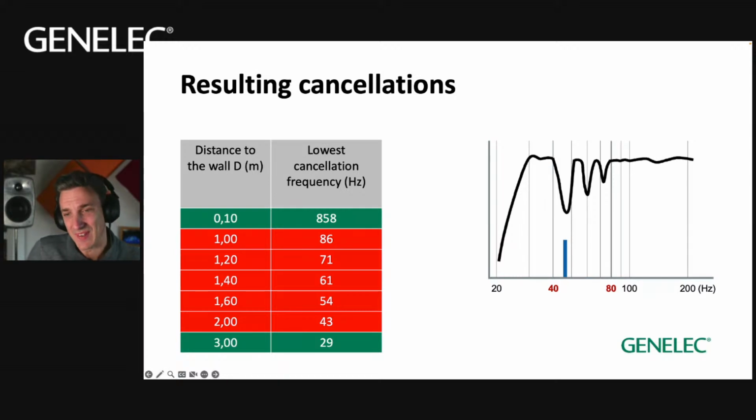And what you can see, what I think is pretty obvious, is that if we are close to the wall, for example, this 10 centimeters distance on the top of the table, then we shift this cancellation to higher frequencies. And because the speaker is already more directive in these frequencies, the dip is also not that deep, as you can see here.